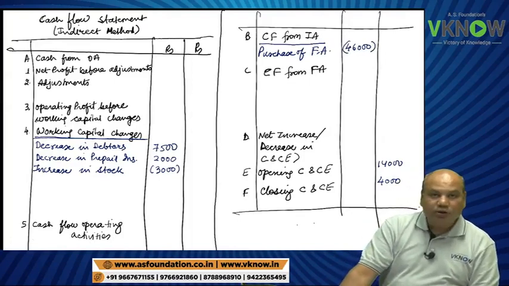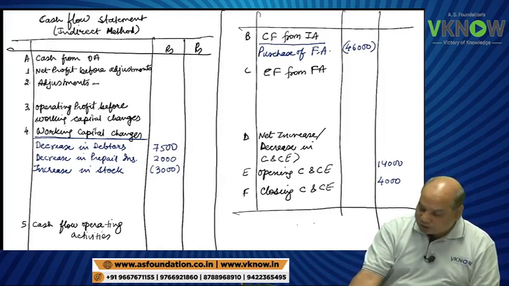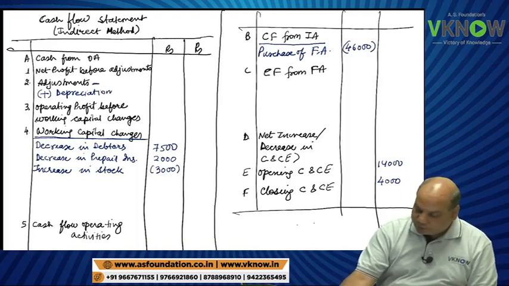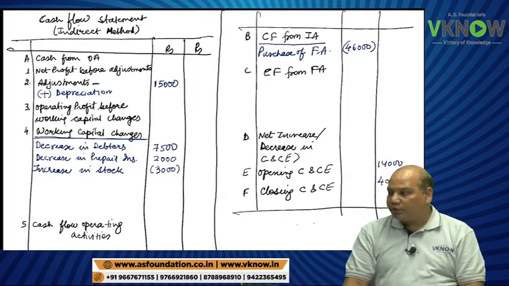And depreciation for the year 30,000 versus 45,000, 15,000. In adjustment write down, add depreciation for the year, 15,000.